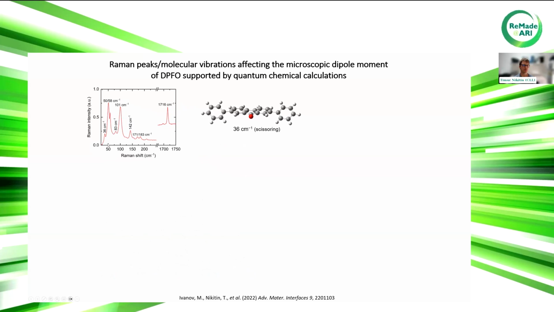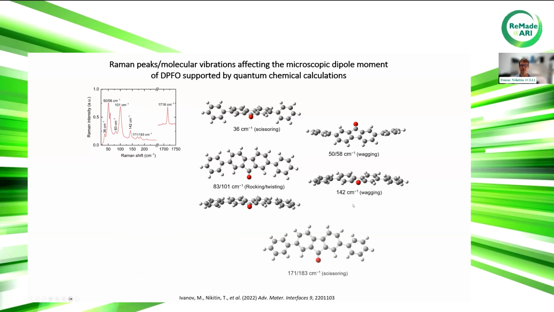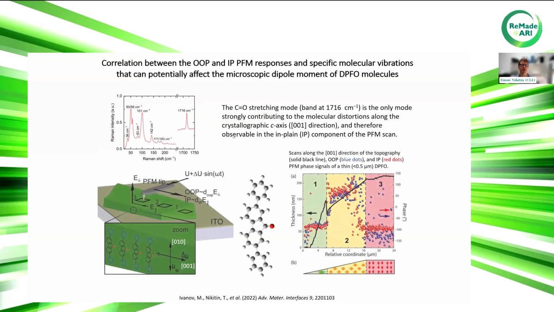So in this case, the lowest energy band here could correspond to the scissoring vibration. Then the next band is due to this wagging vibration of the whole molecule. And then we have some other rocking or twisting vibrations. And then again, a wagging vibration of another type, and then scissoring vibrations. And the final vibration studied here was the CO stretching mode.